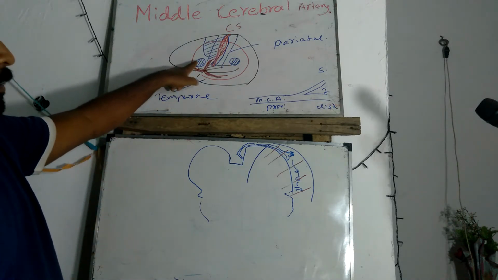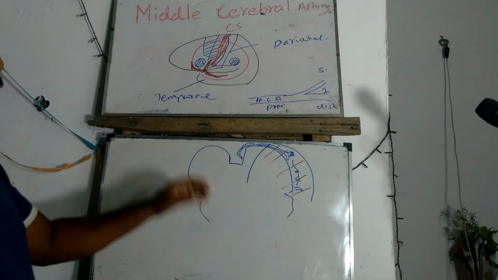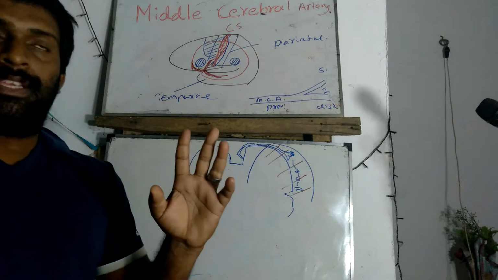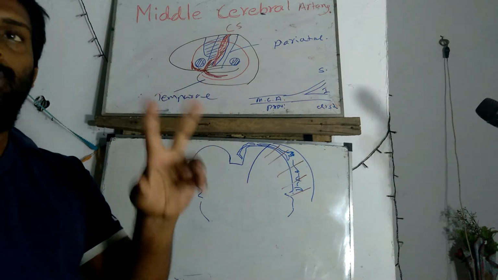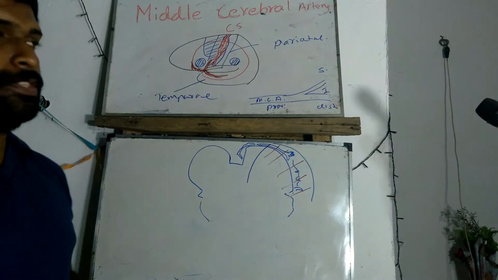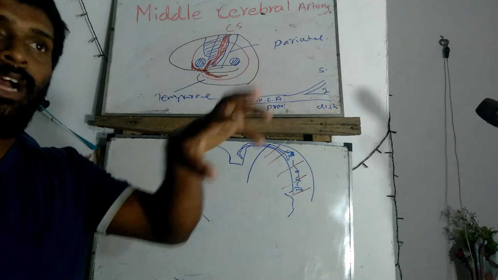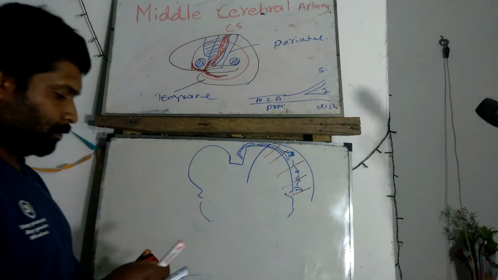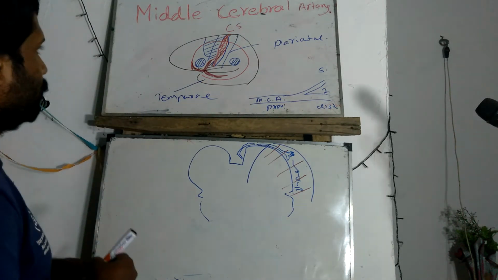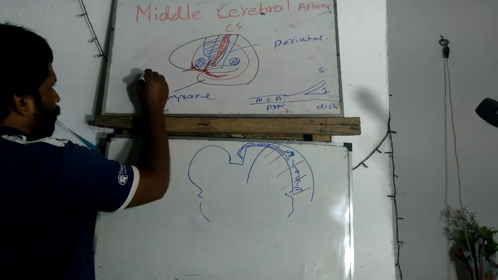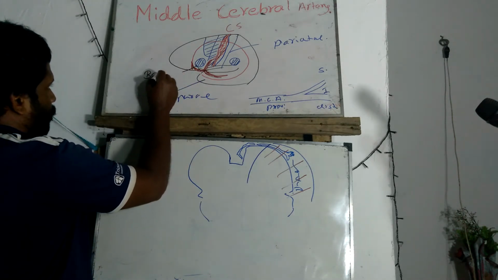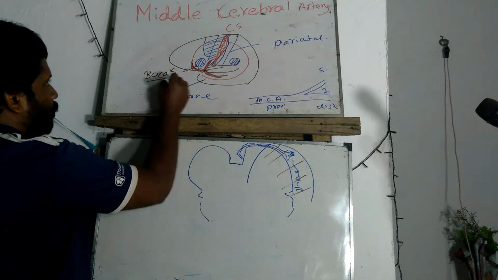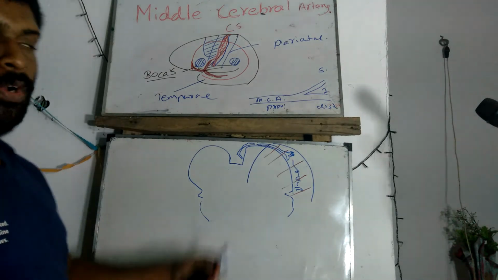This is the speech area. When we talk about middle cerebral arterial damage, aphasia is divided into two parts, motor and sensory aphasia, expressive and comprehensive aphasia. This is Broca's area.